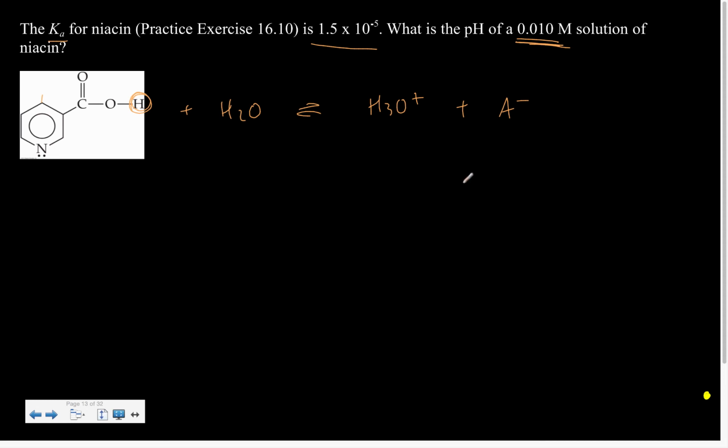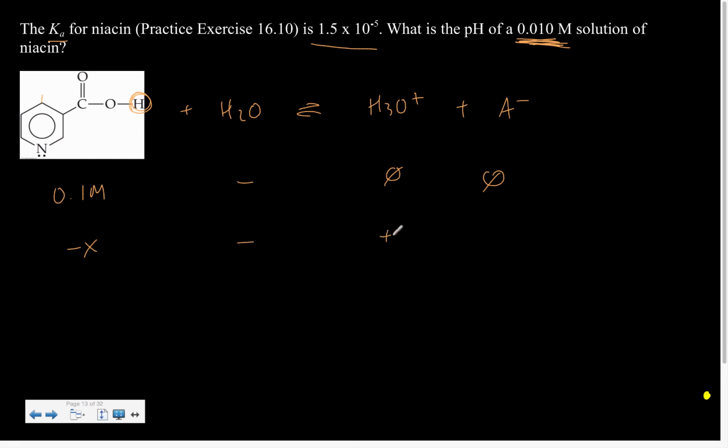Now, in terms of my concentrations, I know that I originally or initially start with 0.01 molar niacin, and I have none of those. Which means that if I think about my changes, I'm going to lose one of these because it's only one ionizable proton.